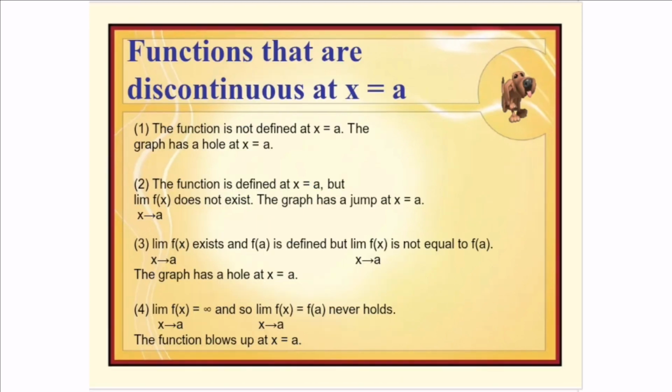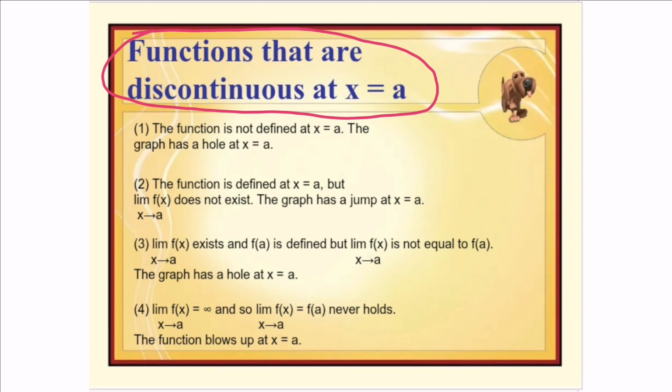Now, functions that are discontinuous at x equal to a. We want to discuss functions that are not continuous, or discontinuous, at some point x equal to a. First, if the function is not defined at x equal to a, then the function is not continuous.